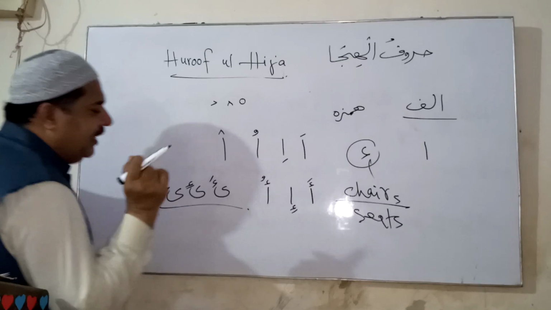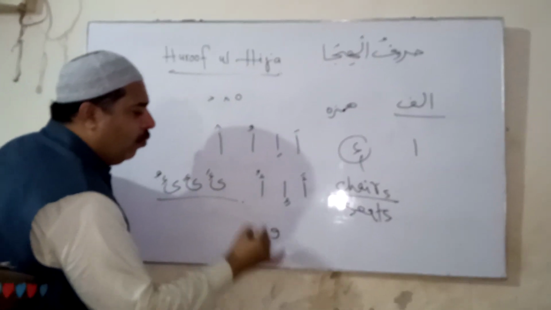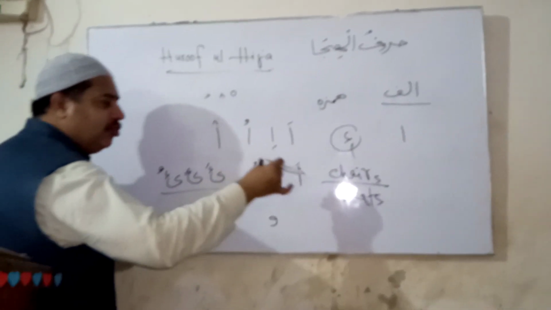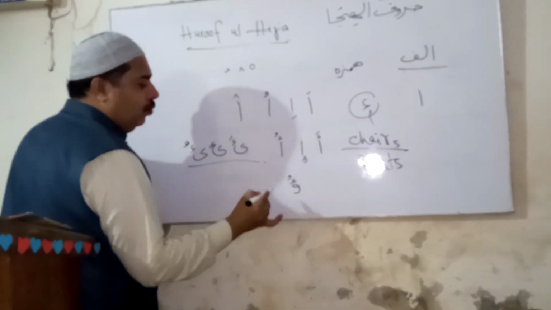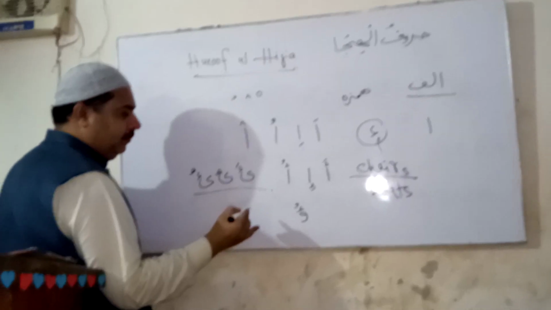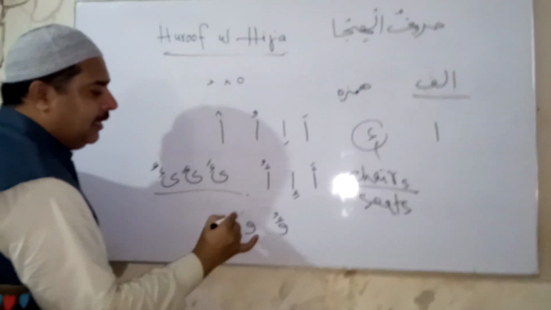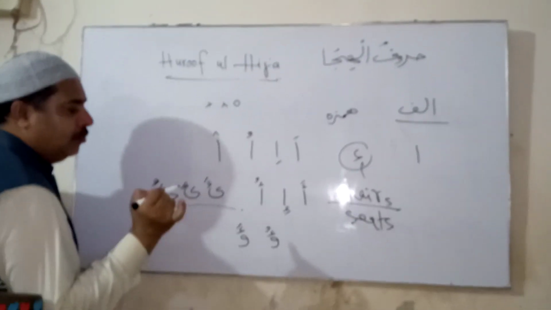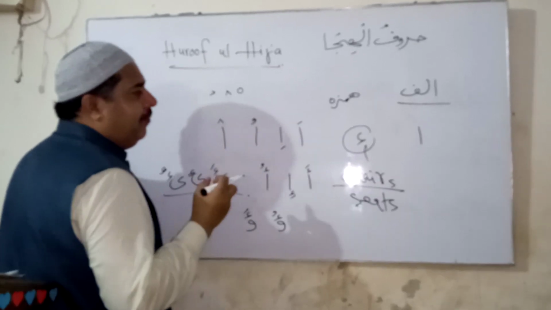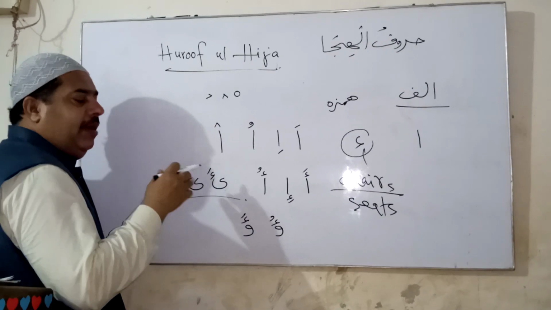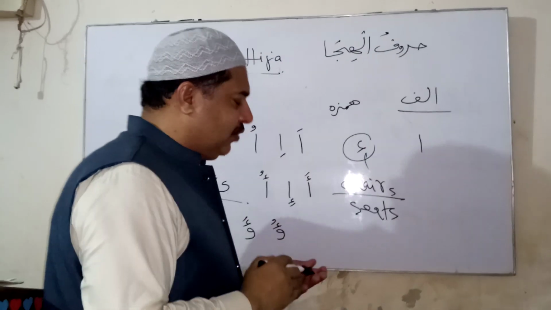So this is another chair. And wow is also the chair or seat for Hamza, just like we say oo. So these are the chairs for Hamza, and in many other places Hamza is written without chairs as well.